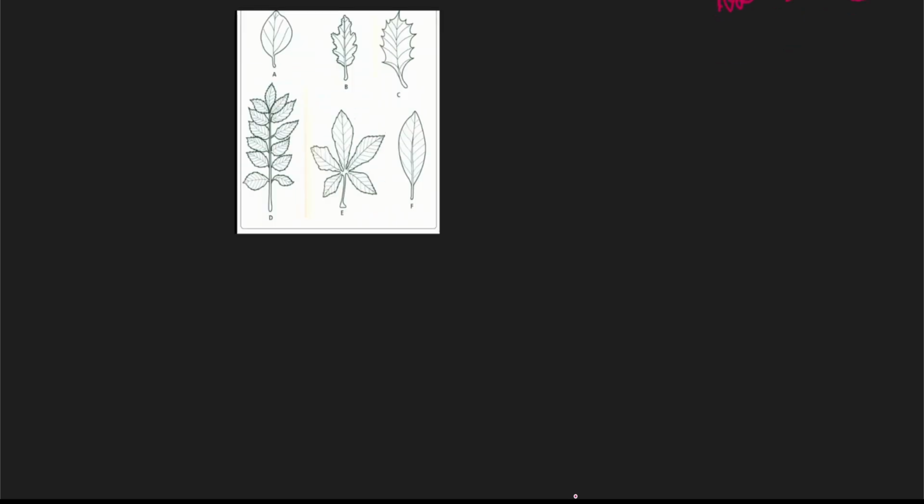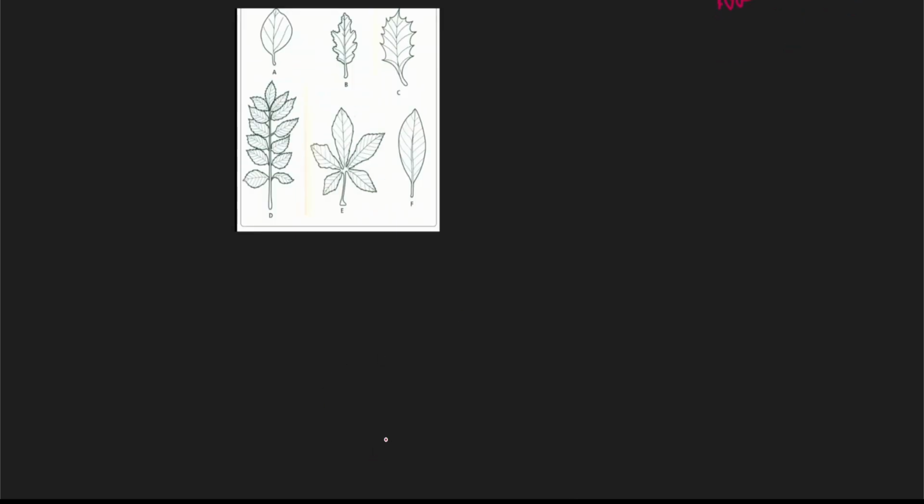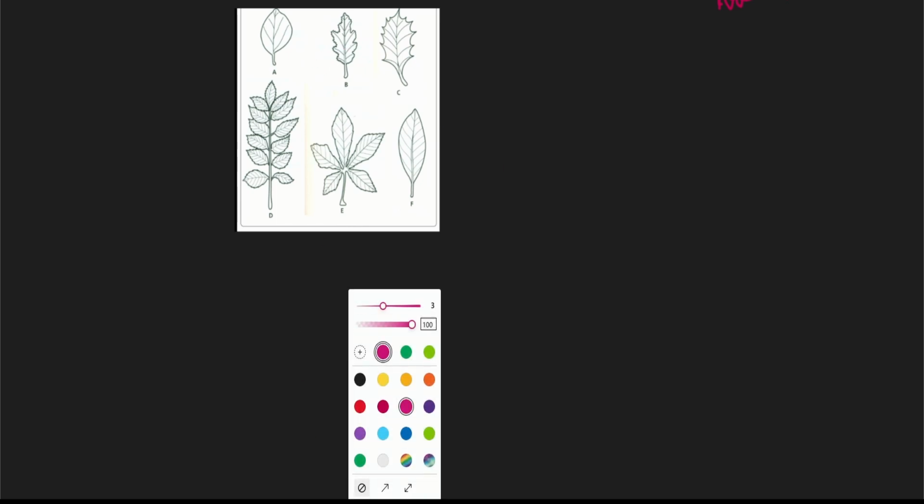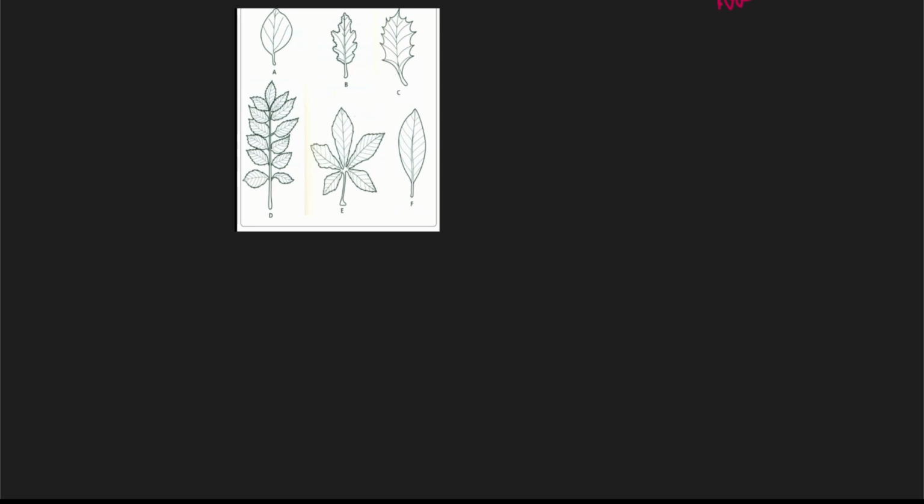We're going to do one last example, and that's this. Here you can make the dichotomous key yourself, but I'll help identify certain key characteristics.